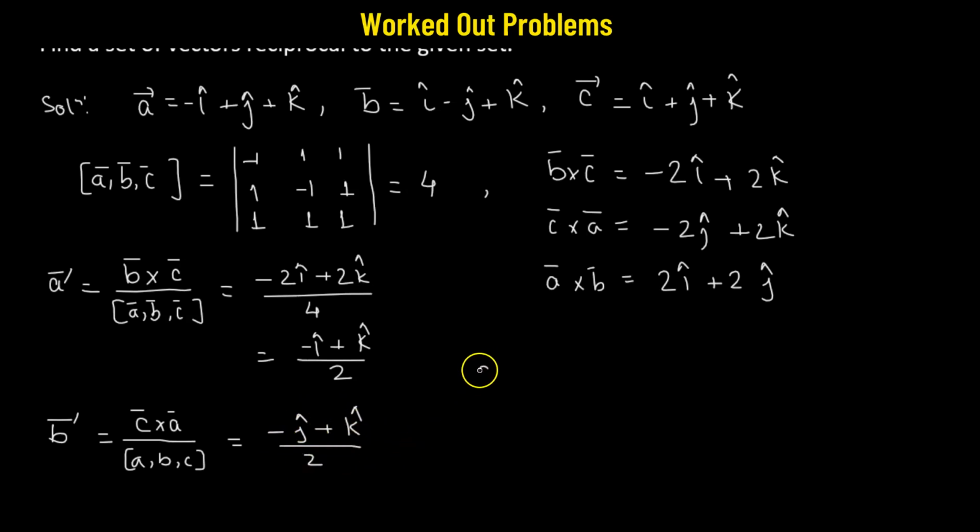And C vector prime will be vector A crossed with vector B divided by the scalar triple product of vectors A, B and C. So that means we will get i cap plus j cap divided by 2. So these three are the reciprocal vectors of A, B and C respectively. Let's go to the next problem.